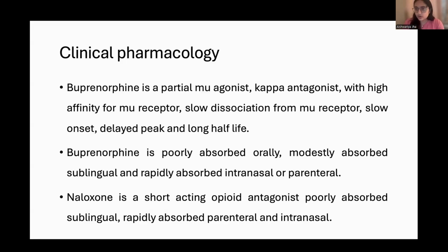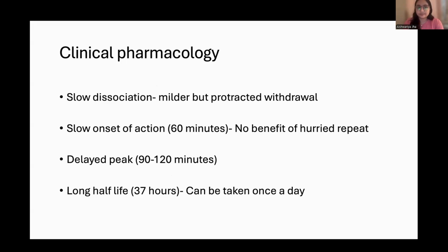It is poorly absorbed sublingually, so it doesn't matter if we take it in combination with buprenorphine in the prescribed form, which is sublingual, but it is rapidly absorbed parenterally and intranasally. So if someone were to consider diverting buprenorphine by crushing it and taking it intranasally or parenterally, then naloxone would get activated and then perhaps reduce that risk.